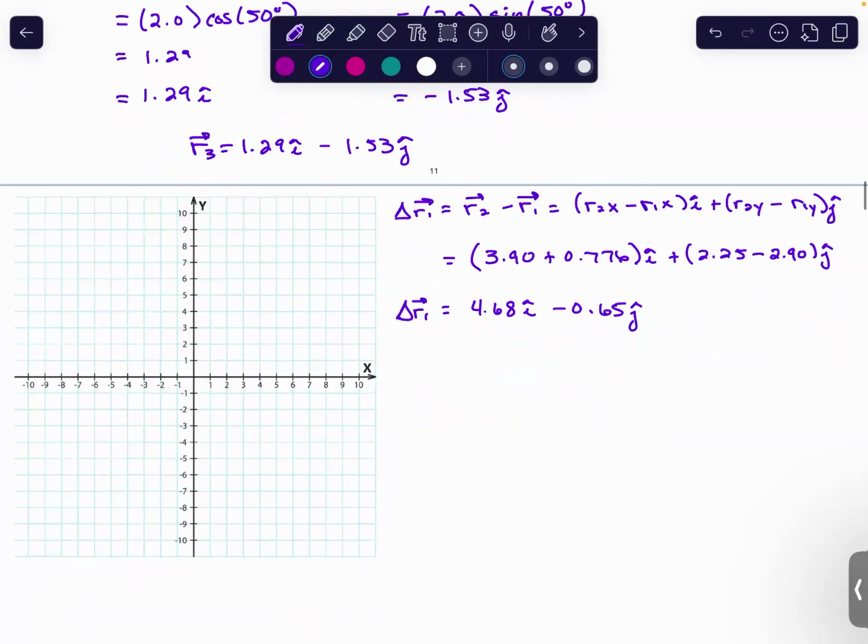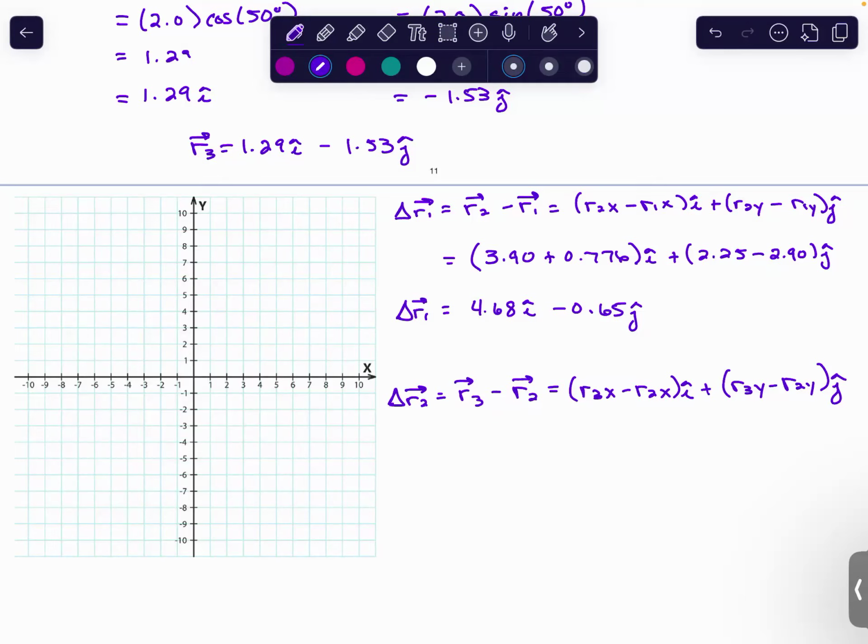Now let's look at delta R2. That is going to be position 3 minus position 2. So same kind of setup.